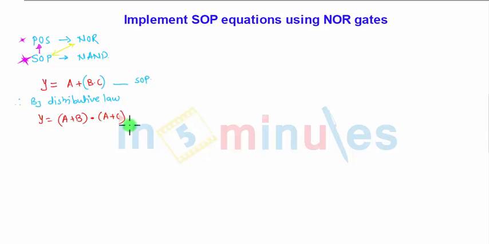Now you can see the same equation is easily converted into a POS format equation. Now with the help of NOR gates particularly, how are we going to implement this? For that, another tricky part is there. So let us write down this equation once again, y is equal to (a plus b) into (a plus c). The same equation I can write as y complement of complement, that is nothing but y.